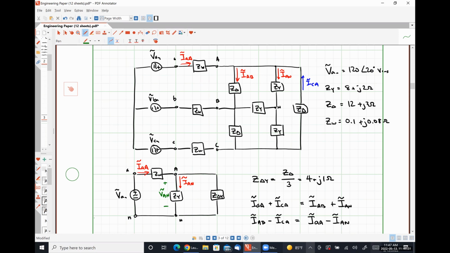And then we could divide VAB by Z delta. And that would also give us IAB. We're going to get the exact same number whichever way we do it. But to me, that second method isn't as intuitively obvious because it relies on multiple transformations and things like that. So my preference is the KCL relationship that we've developed.